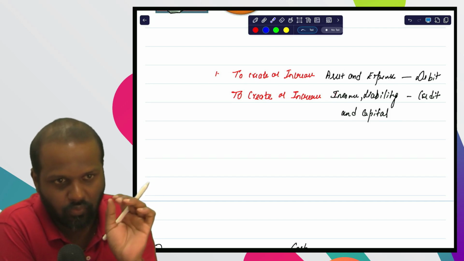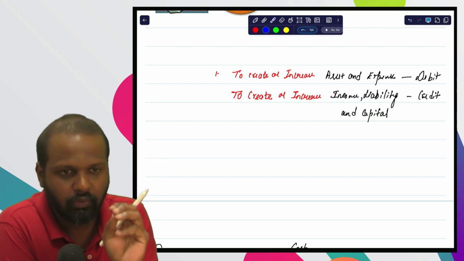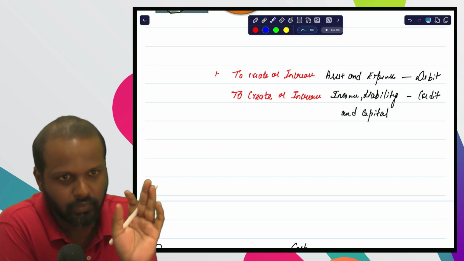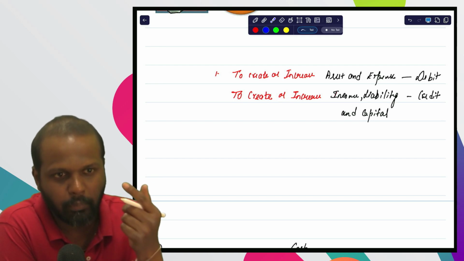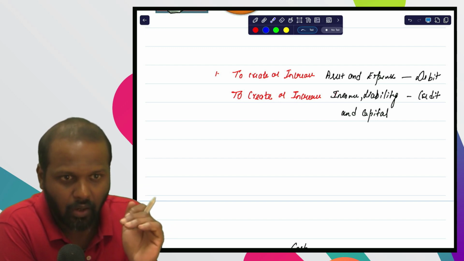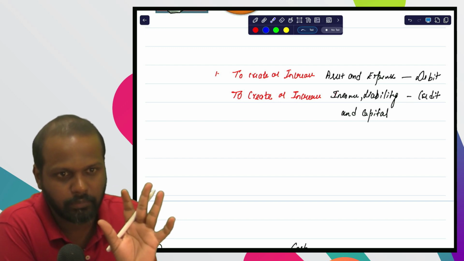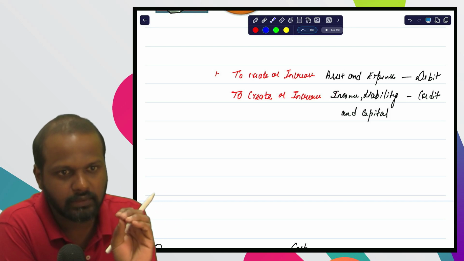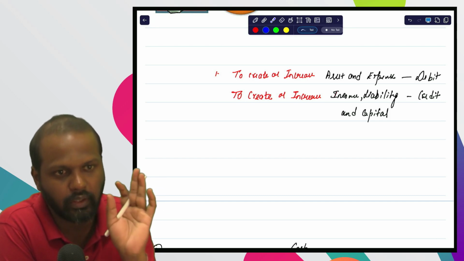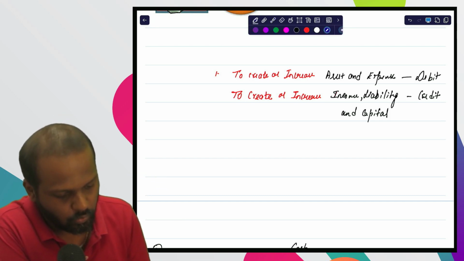Now listen. First thing, whenever we do accounts, we always think from business point of view. Entire accounts consist of five terms. Five things are most important in accounts, and we record only these five things. What are those five things?